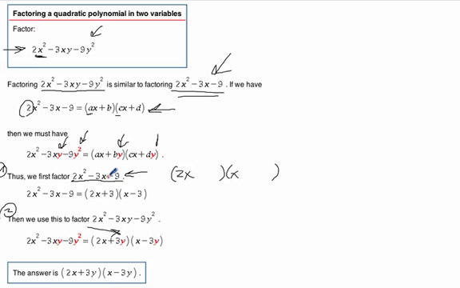And because this is a minus sign, that tells us that the signs are opposite. So it could either be a plus minus or a minus plus. We've got to figure that out. We know that the 9 can be either a 1 and a 9, or a 9 and a negative 1, or a 3 and a negative 3. So you can do that like you've done before, and we come up with the plus 3 and the minus 3.